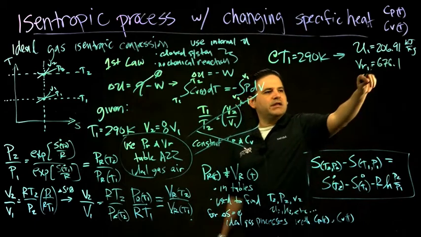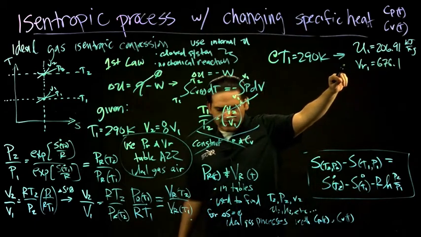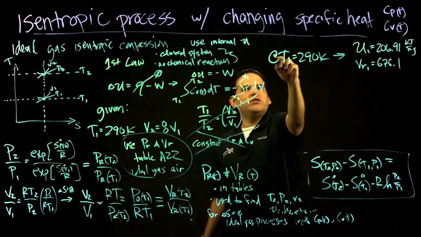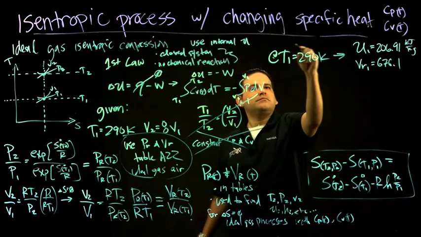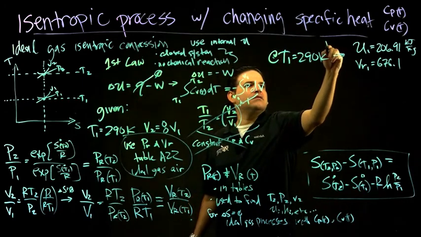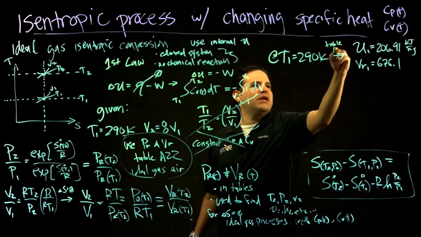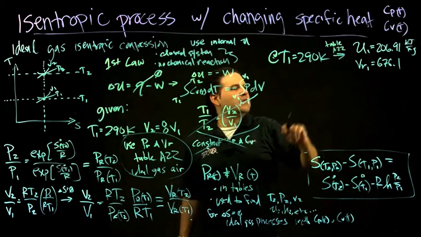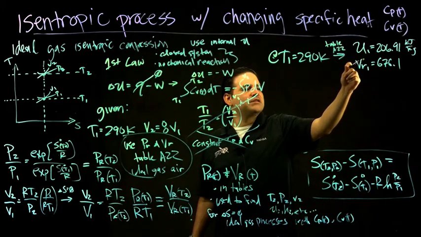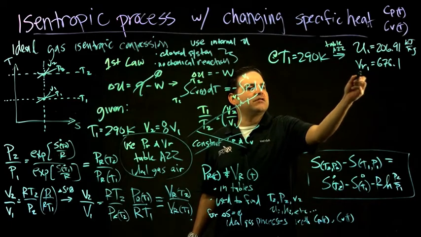It's going to help us connect one state to the other. So now that we know, we use the table A22. We can get these properties of the ideal gas, and we're going to use this relative volume.